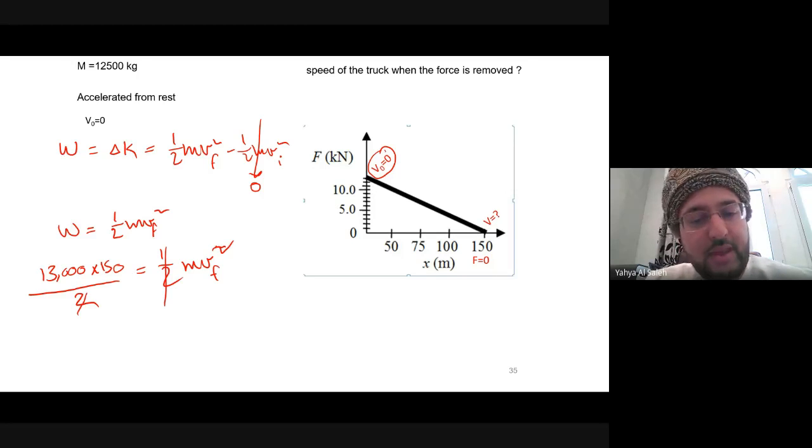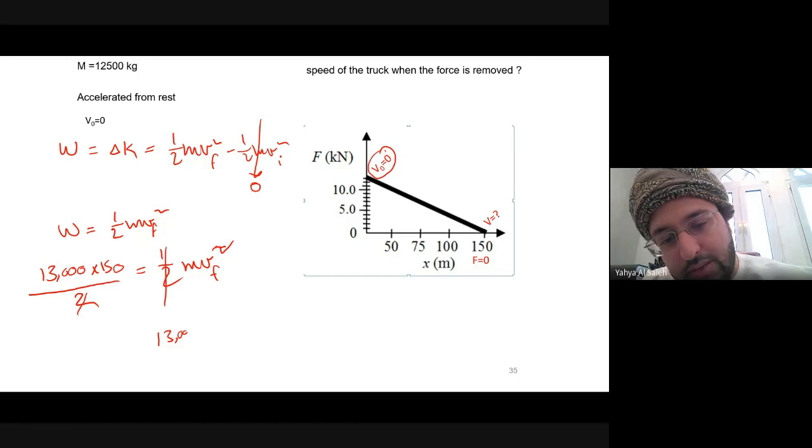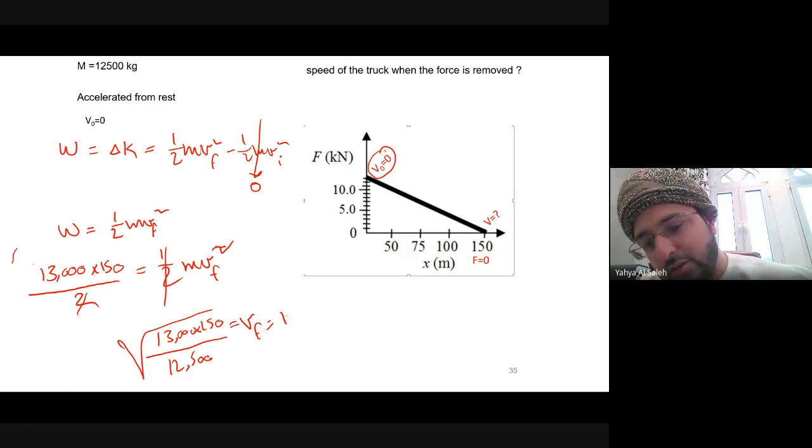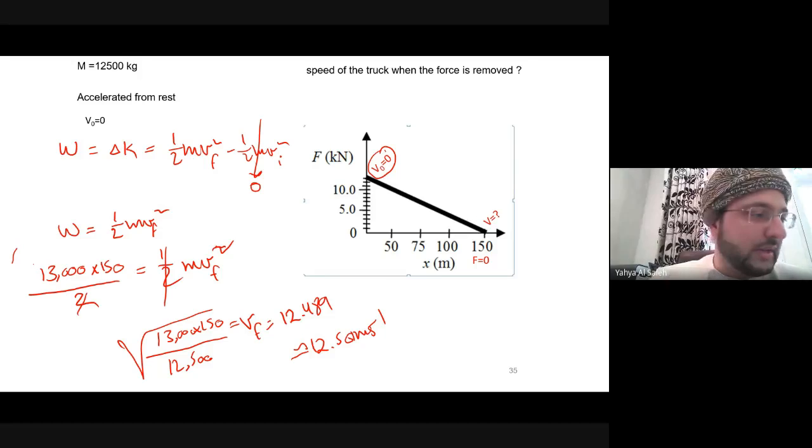The half and the half go away. So we get 13,000 times 150 divided by 12,500 kilograms, all square rooted, will be equal to my final velocity, which is equal to 12.489, which is approximately 12.50 meters per second.